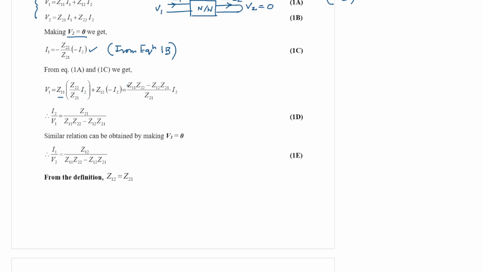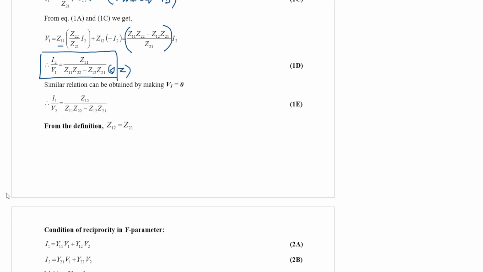If you solve, you will get this result: Z11 Z22 minus Z12 Z21 divided by Z21. So if you take the ratio I2 by V1, it will come out as Z21 divided by delta Z, where delta Z is equal to Z11 Z22 minus Z12 Z21.